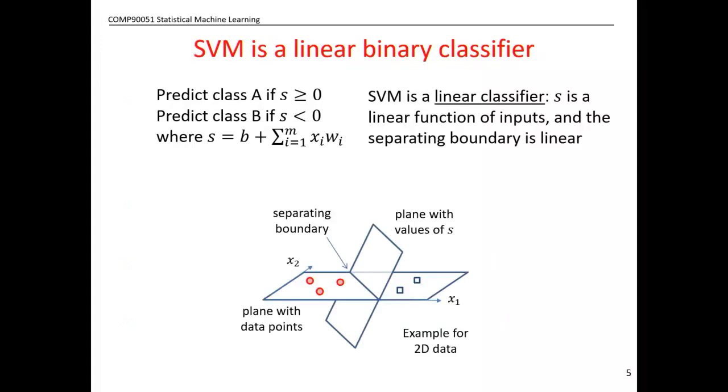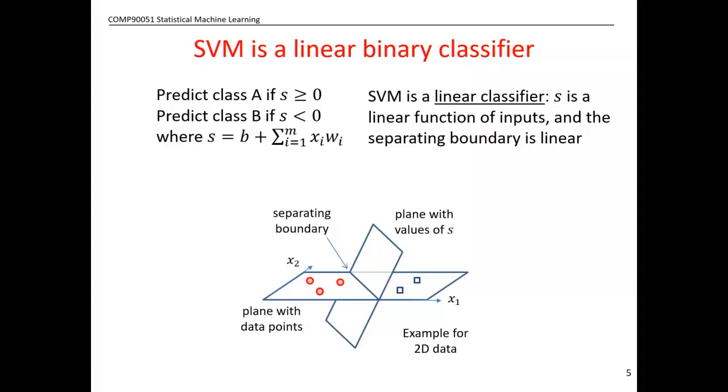We've got a binary classifier, and this is a similar picture as we saw before, similar to the perceptron and logistic regression. We take a weighted sum of input features, we have a weight vector to do that, and we get a linear decision boundary.